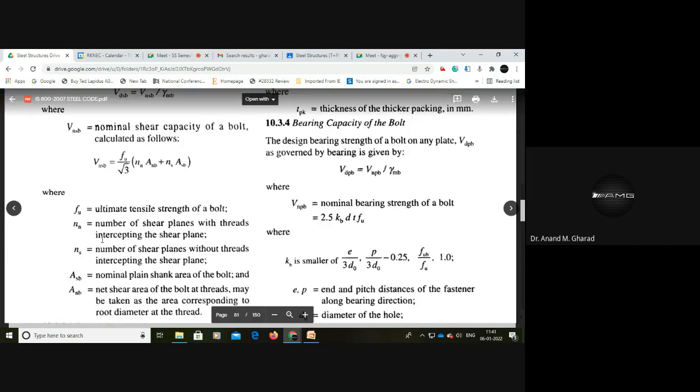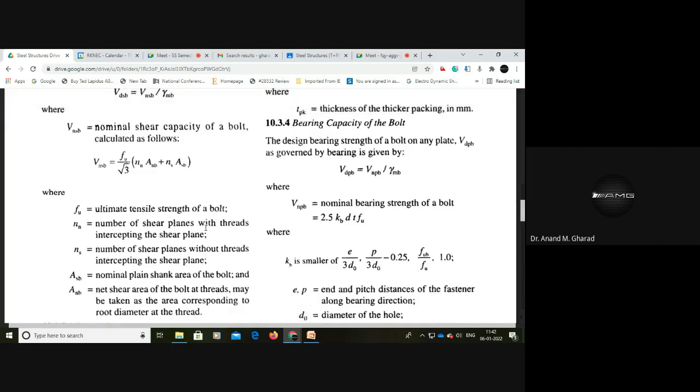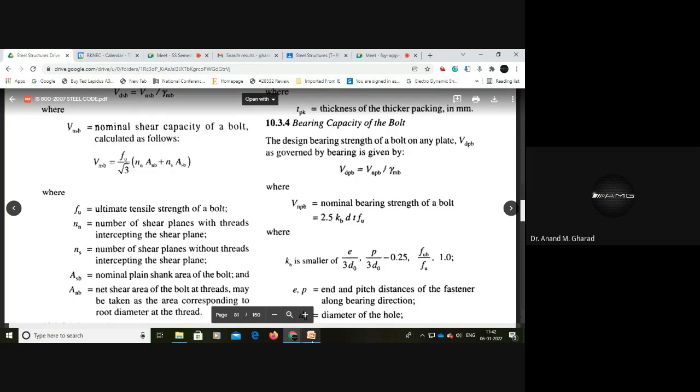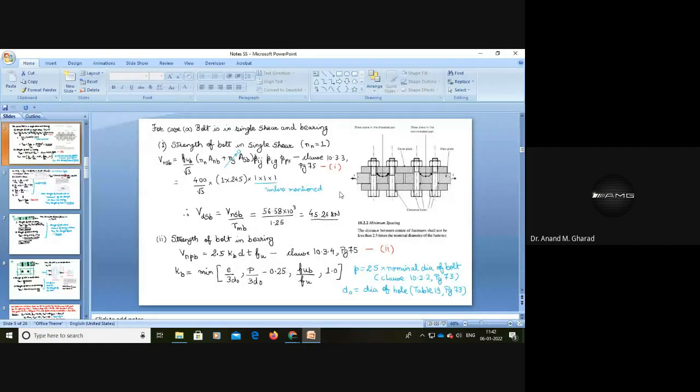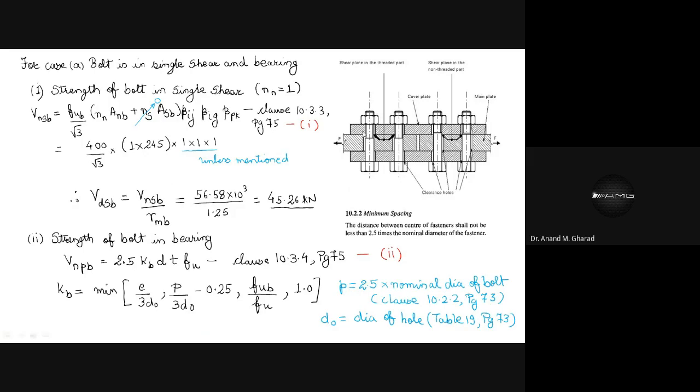So Nn, मैं फिर से पढ़ता हूँ, it is the number of shear planes with threads intercepting the shear plane. इसका कहने का मतलब ये है, see what happens. Our connection is something of this sort.